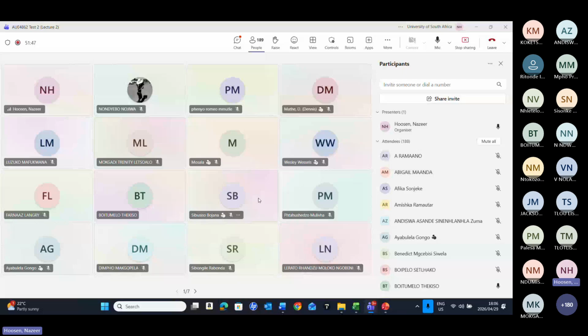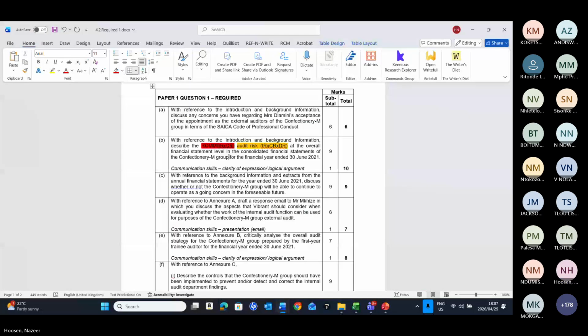In terms of audit risk, if you do not remember to discuss detection risk, then you could forfeit or lose out on a couple of marks. Describe the audit risk at the overall financial statement level in the consolidated financial statements. We also have a PVAA mark, which is one of the easy marks to obtain. So we surely need to get that mark, right?